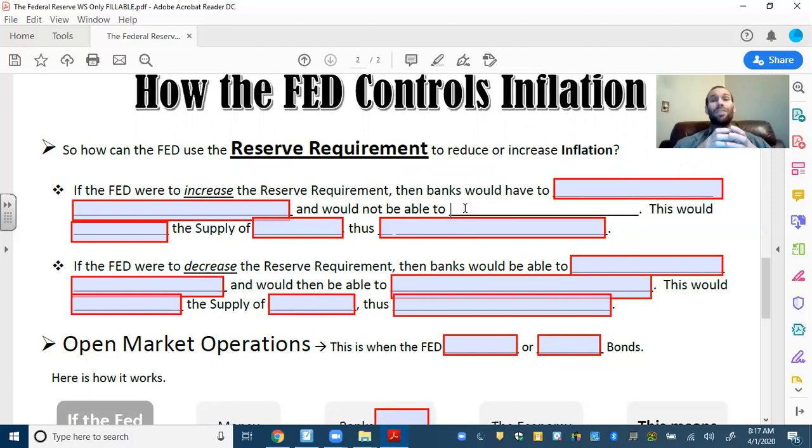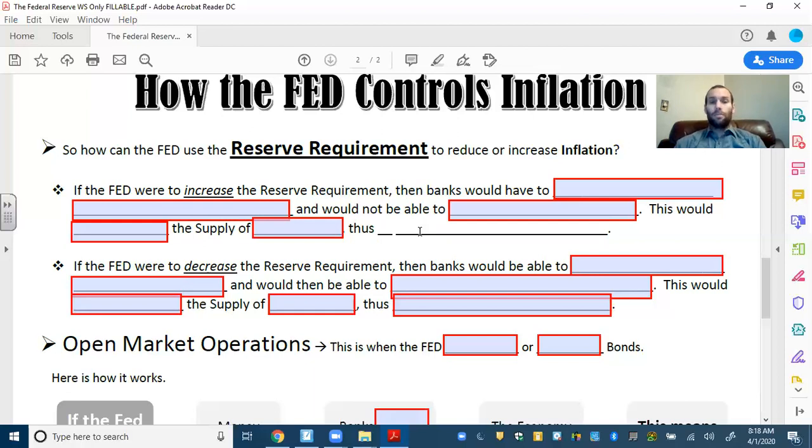Now, if banks are lending less money out, people are getting fewer loans. If people get fewer loans, they're making less purchases. They're spending less money. This would decrease the supply of money. Now, if we decrease the supply of money, this would cause less inflation.